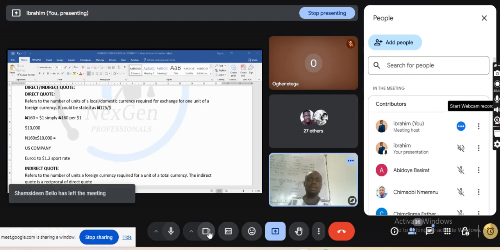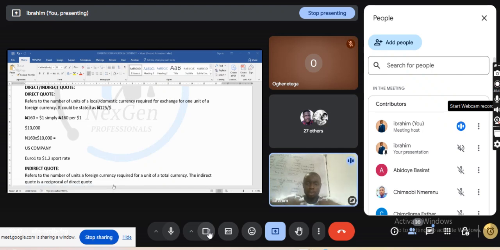Looking at the spot rate, where is the company situated? It is in Germany, and it is €1 to $1.2 as the spot rate. Euro comes first, so automatically that is a direct quote.